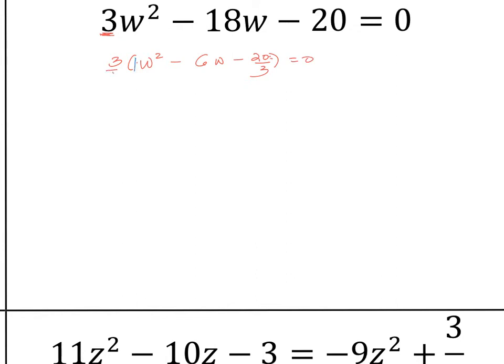So now I can divide both sides by 3. This will equal 0. Now I'm ready to move negative 20 over 3 to the right-hand side. And I'm going to complete the square now.